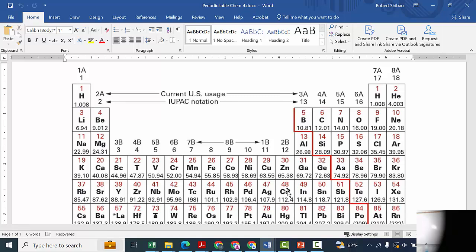So +5, you would say, yeah, that's electron poor, but electron poor has different meanings for different elements, and +5 has different meanings depending on what element it's assigned to. So +5 on nitrogen is much worse than +5 on phosphorus, which is not a big deal. So phosphate's not a very good oxidizer, even though it's electron poor.